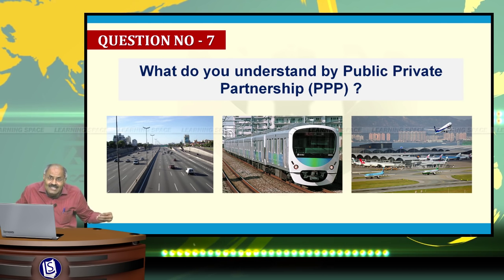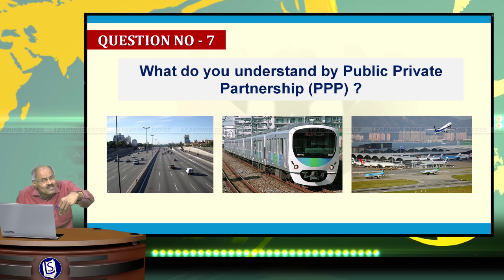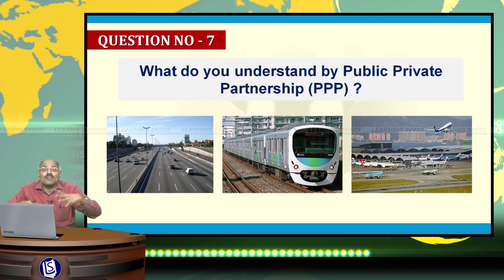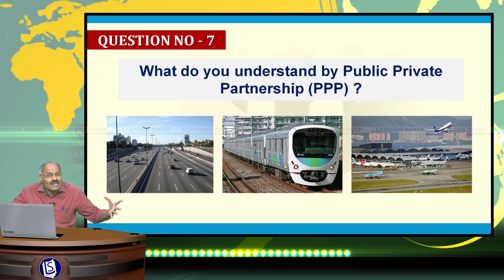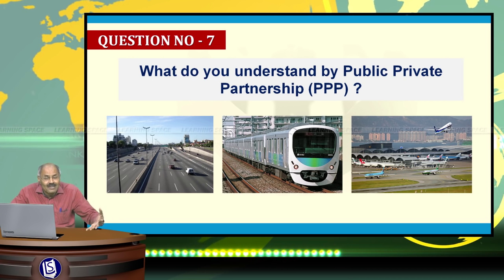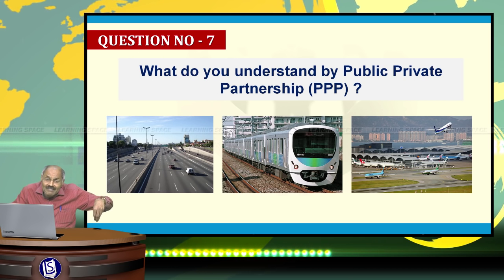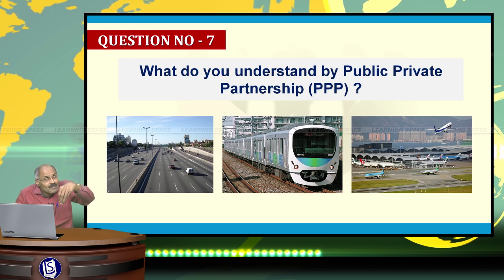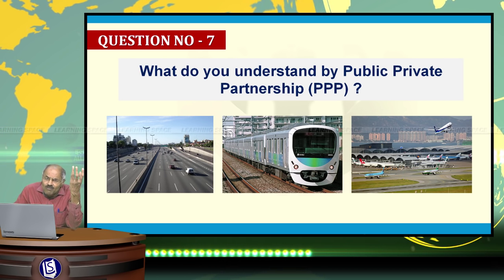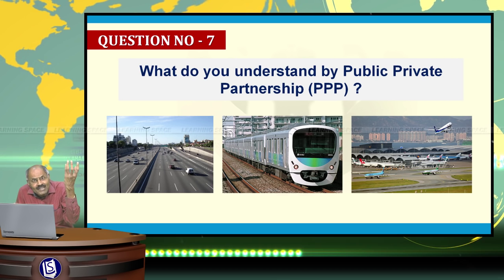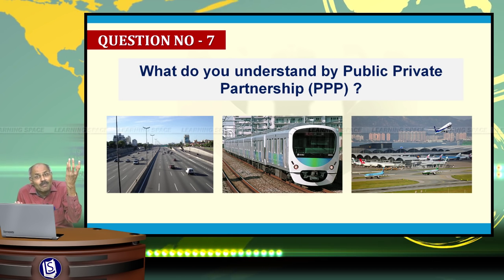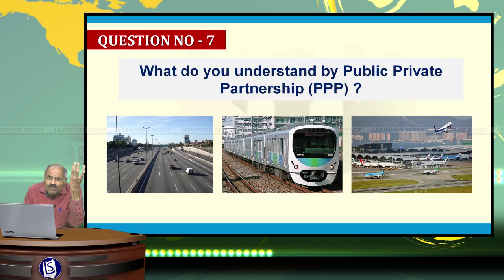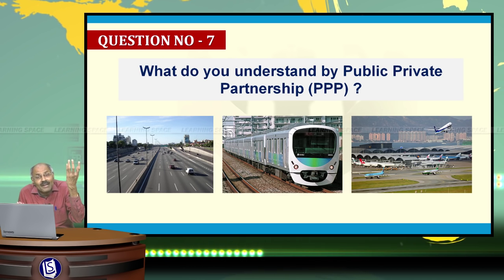What do you understand by public-private partnership? We have already discussed that to create world-class infrastructure, we require a lot of money. That cannot be created by government alone. Government may not have much money. So, it is to be developed by private parties. So, public-private partnership is the creation of public assets by private parties. Creation of a world-class airport by private parties, creation of a 10-lane expressway by private parties.